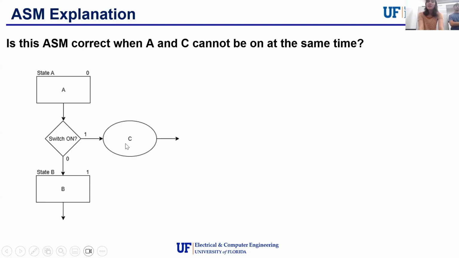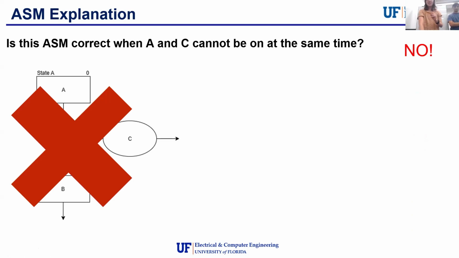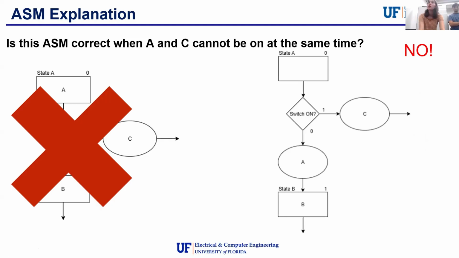That means both A and C may be true if the switch is on during this clock cycle. So this ASM is not correct because it displays a behavior where A and C can be on at the same time. Do not do this if you have these conditions together.